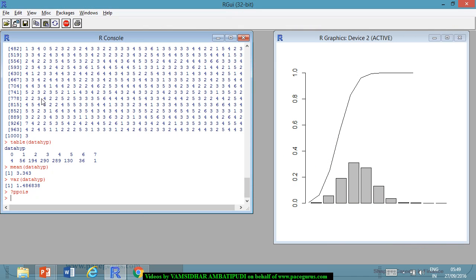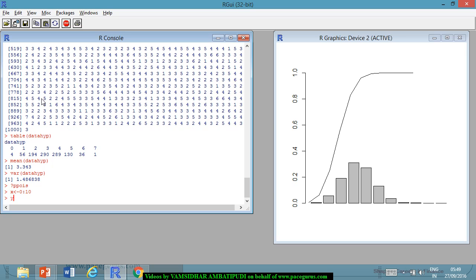So let me put x as 0 to 10, and y, let me call it d-poise. So I'll use the Poisson distribution values for each value of x, where I'm setting lambda as 4.